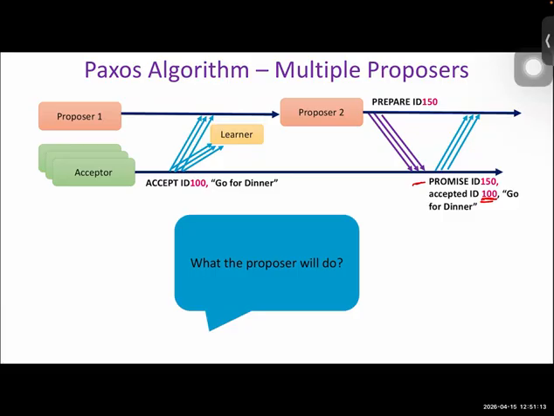The choice is whether to say yes or no for promising. If yes, it picks the value with the highest ID, and if no, it picks a value of its choice.